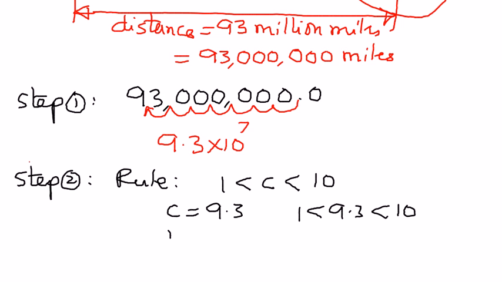And the value of n, 10 to the power of n, here is 7. 7 is an integer, so we have correctly expressed the distance from Earth to Sun, which is 93 million miles, a very large number, in scientific notation format. This is in accordance with the rules of scientific notation.